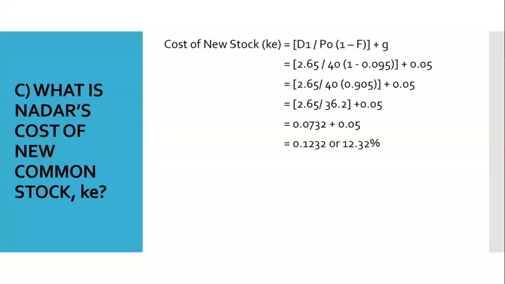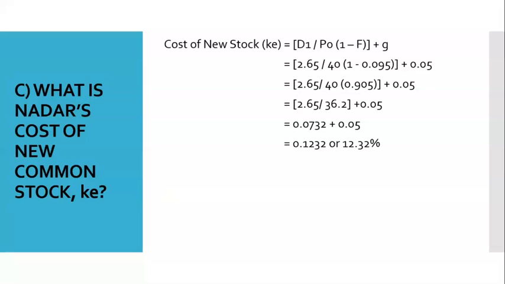So the cost of new stock would be equal to the dividend divided by the price times 1 minus the flotation cost, plus the growth. And in the previous question, you found the flotation cost, so we'll just plug it into the formula. So that will be equal to 2.65 divided by 40 times 1 minus 0.095, which would be the flotation cost, plus the growth 0.05.